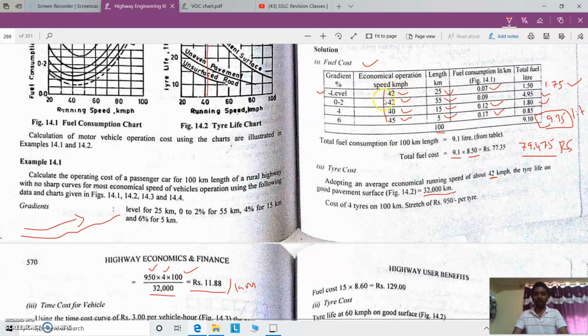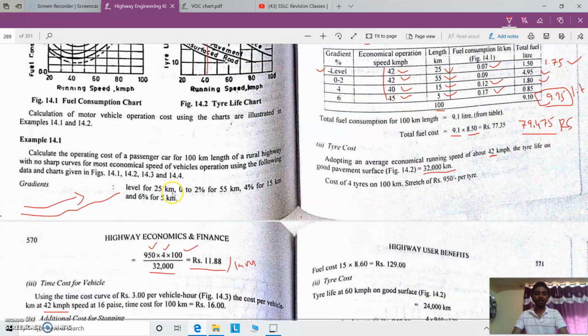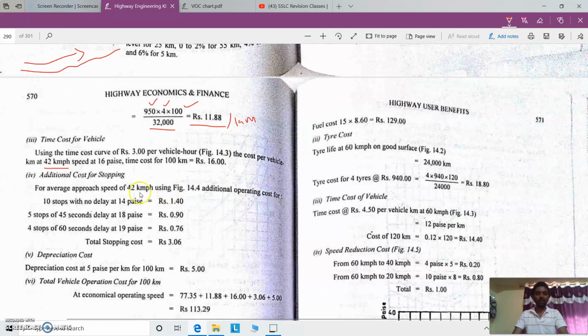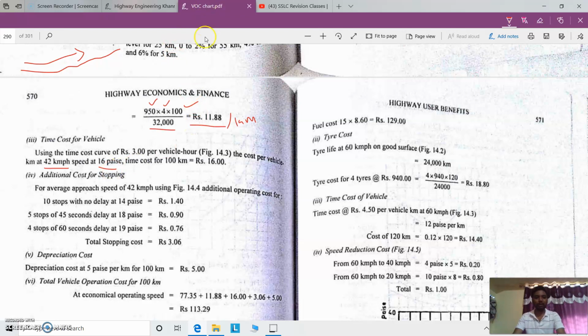In this question the average speed is computed as 42 kmph, and 16 paisa is observed in chart number 14.3. Let us see that.